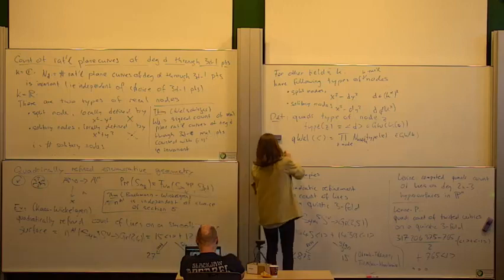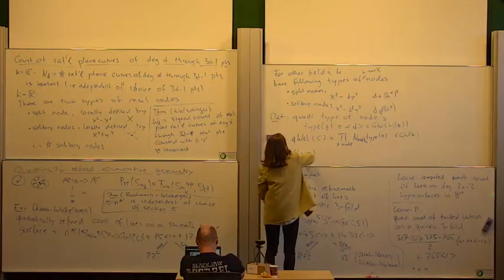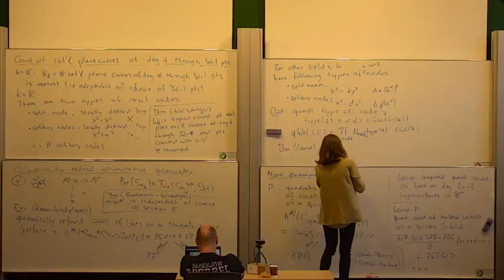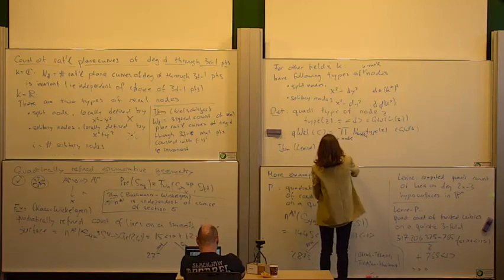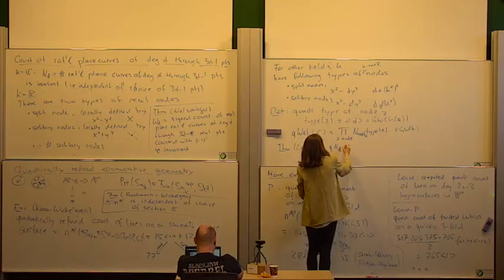And then Mark Levine showed that counting curves with this is an invariant. So maybe let me call this now Q_D for quadratic count.